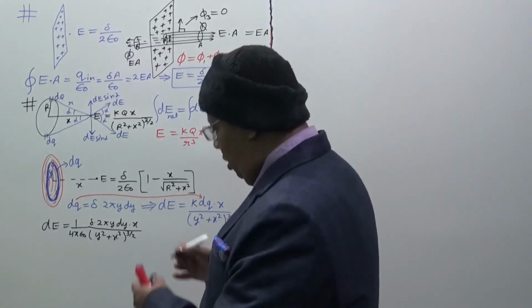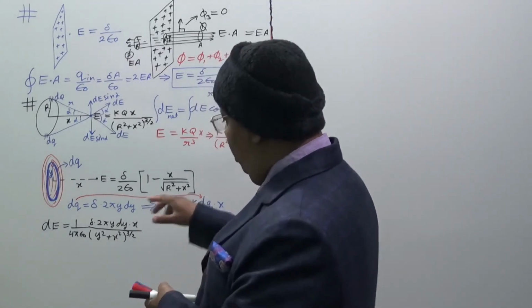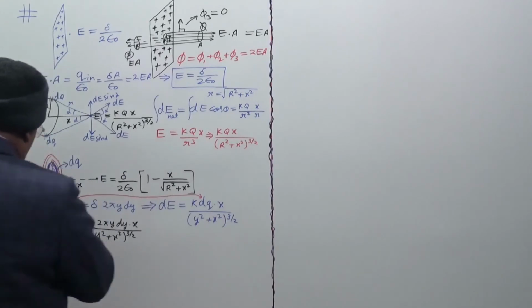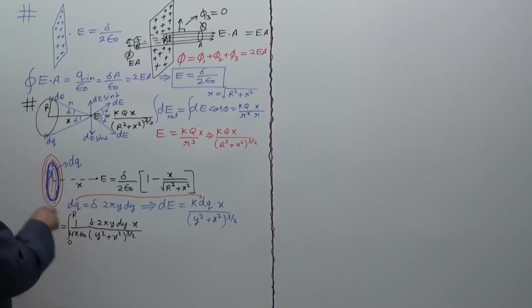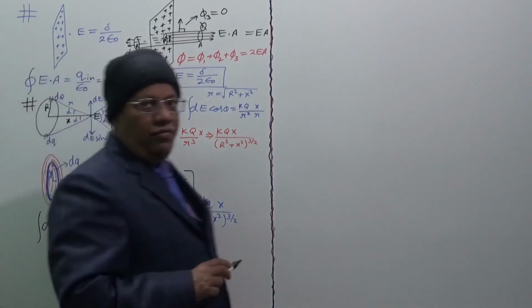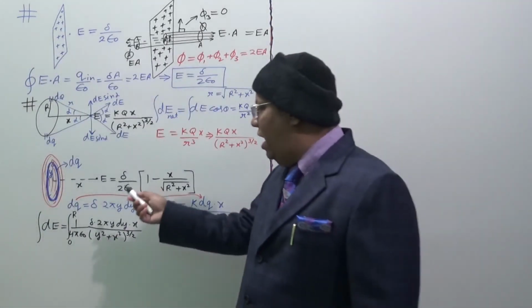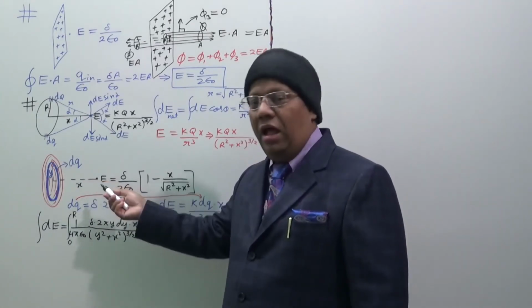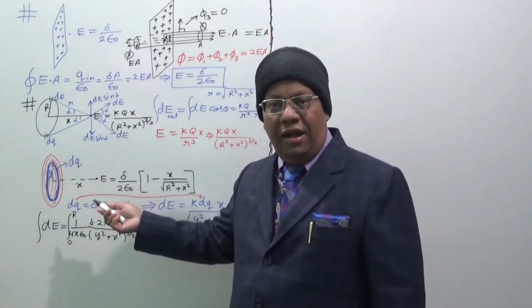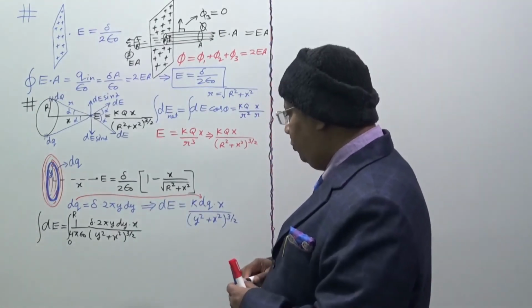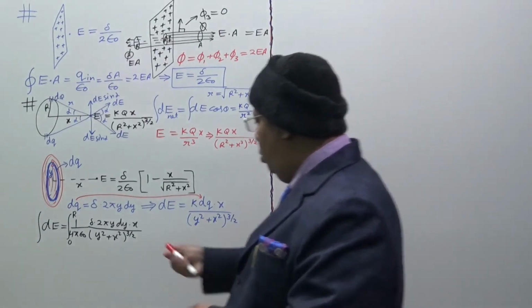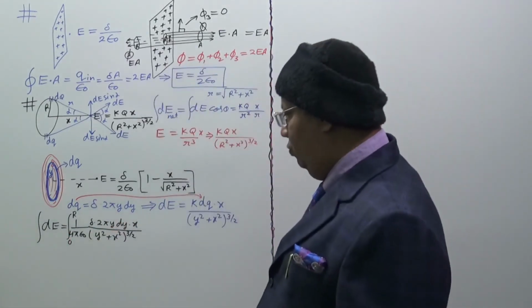Now if you integrate this electric field from 0 to r, then you will get the net electric field due to a disk at this point which is on the axis at x distance. 2 pi will cancel out.